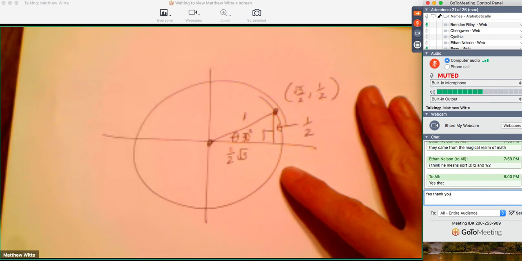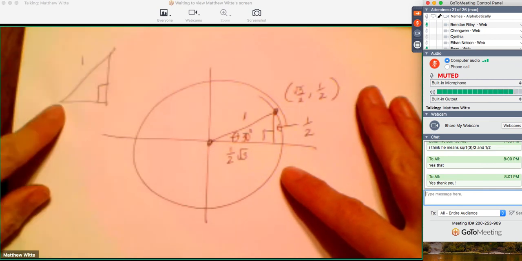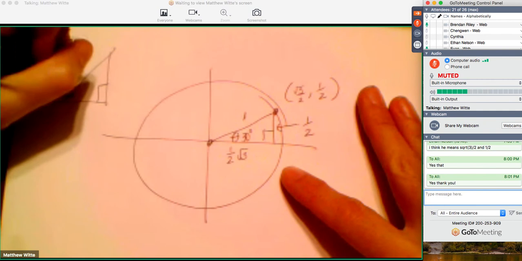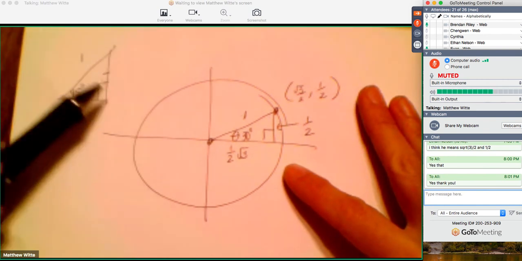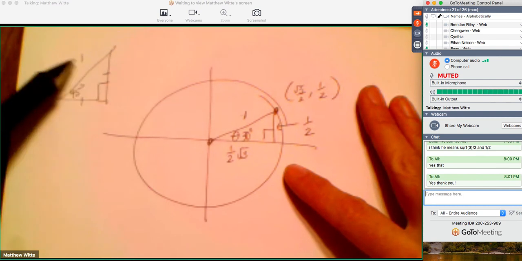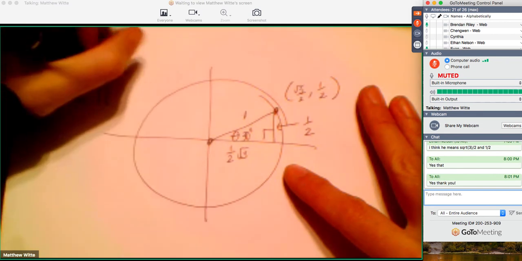So you can do the same exact thing with the 45 degree angle. The difference is with a 45 degree angle, I'm going to draw it off to the side because there's no way I can draw it again here. Your 45 degree angle rules are that to get from your leg to your hypotenuse, you multiply by the square root of 2. So to get from the hypotenuse, which we have, to the leg, we divide by the square root of 2.